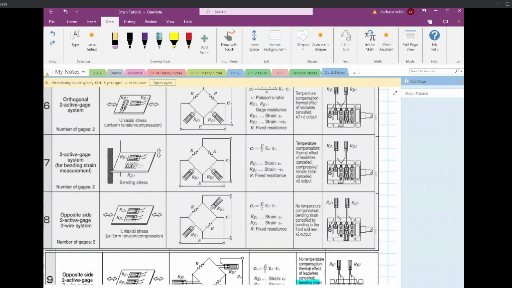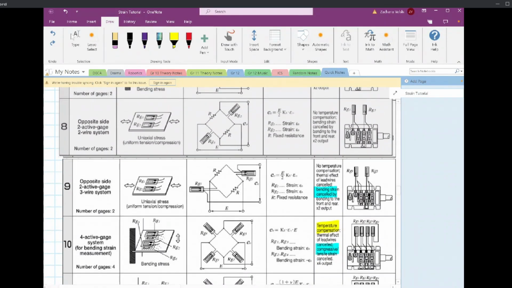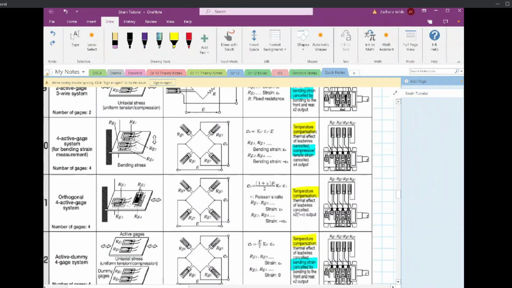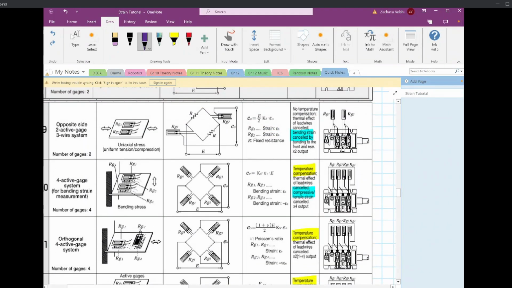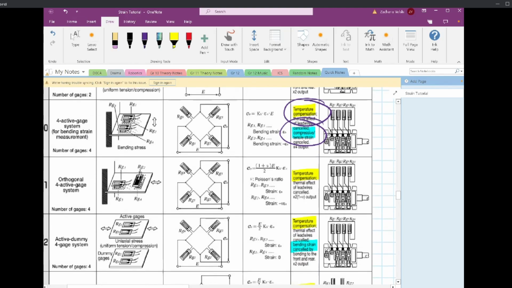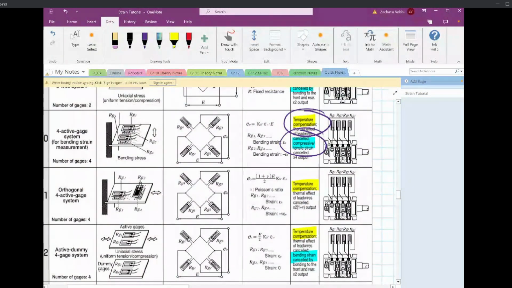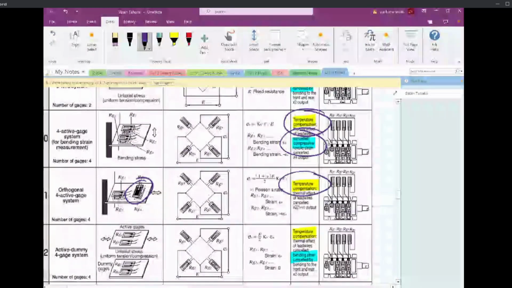What else we got? Other interesting ones. Yeah, some of these are interesting. You can play with it. This is a cool one. Temperature compensation, and this is only meant for bending, so you're canceling out compressive and tensile strain. This is pretty cool. Same with these. Just canceling out temperature by having dummy gauges, but you don't really cancel out bending, I guess.